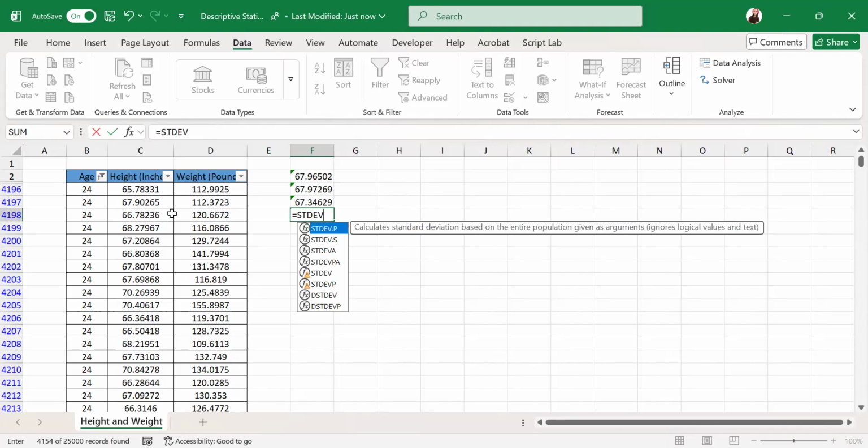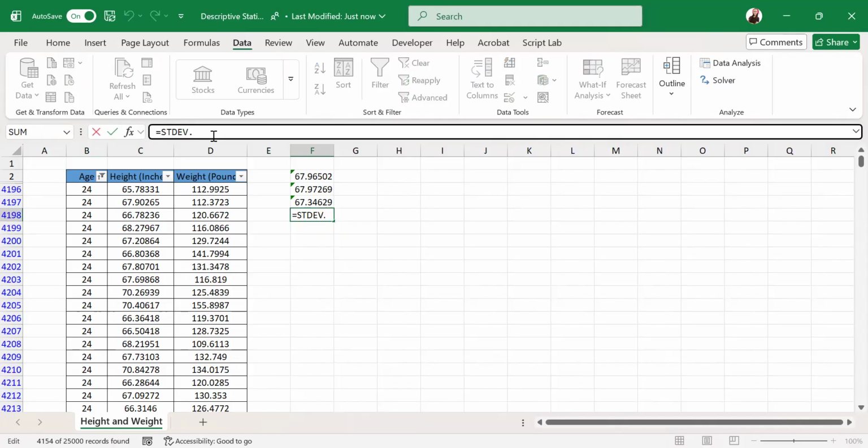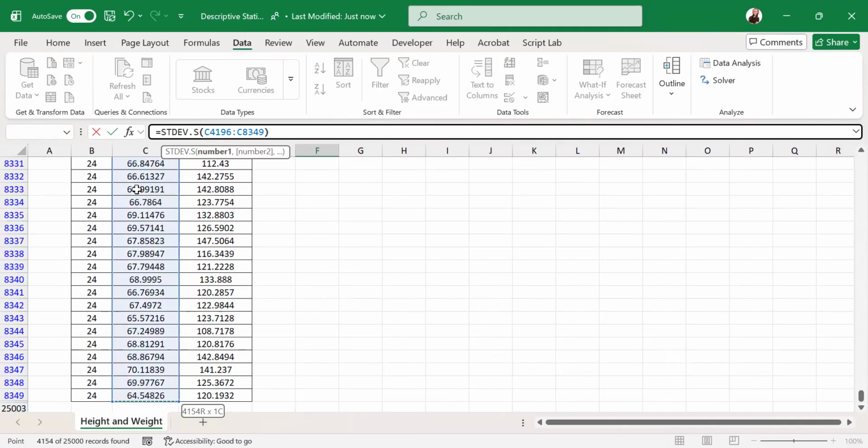Now notice how here on standard deviation, there's a couple of options. We're going to use the S, which is for sample, because it's a sample of people, not every single person in the whole population, okay? So I'm going to use STDEV.S for this particular range.